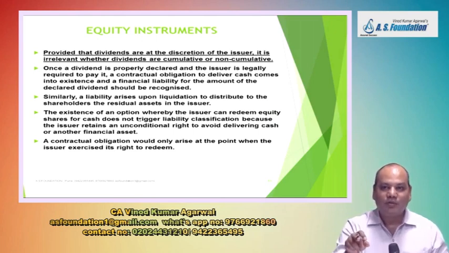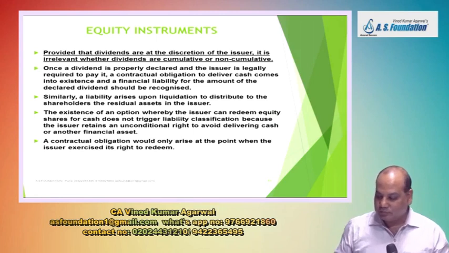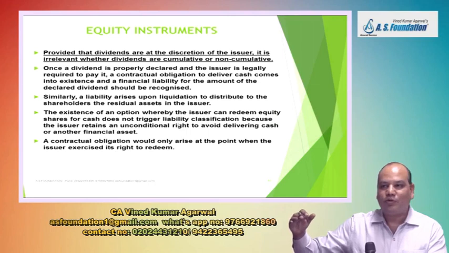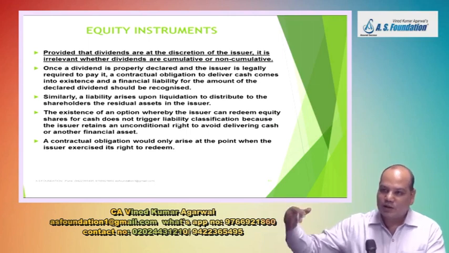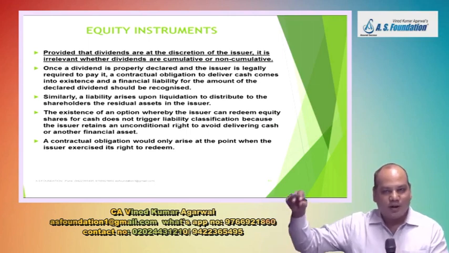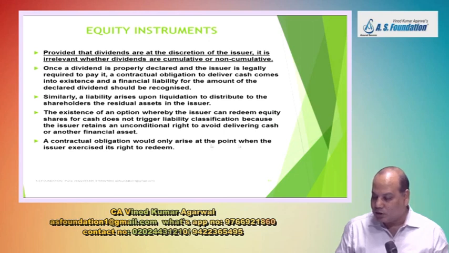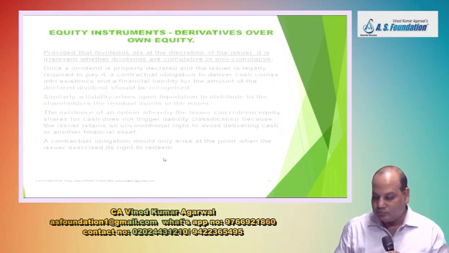Holder has an option, liability at the time of accounting. Later on, if the issuer has an option to issue equity but he pays cash, that is okay. But for the timing, initial recognition will be equity. A contractual obligation would arise only at the point when the issuer exercises its right to redeem.